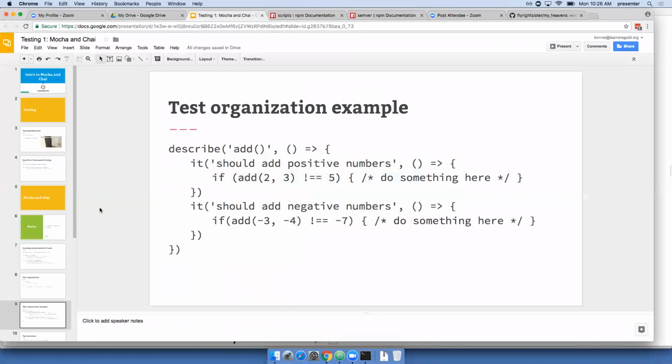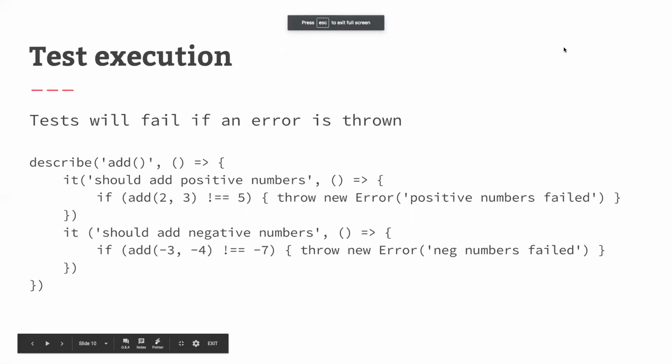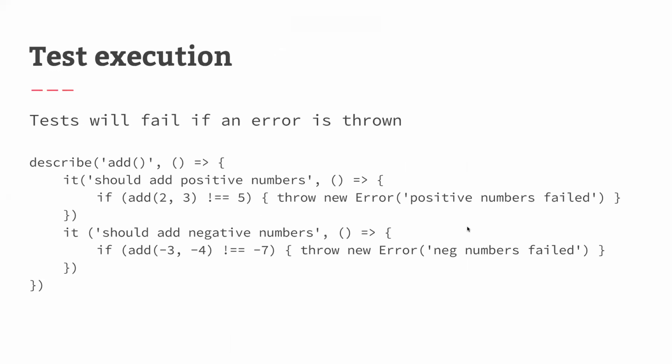Okay, so now in my condition, I'm actually going to throw an error if I get an output that's different than what I expected.